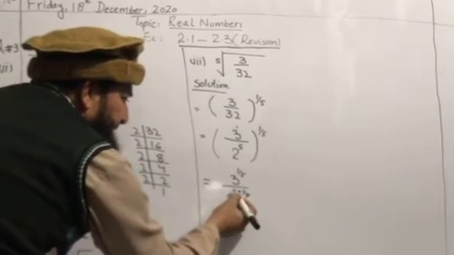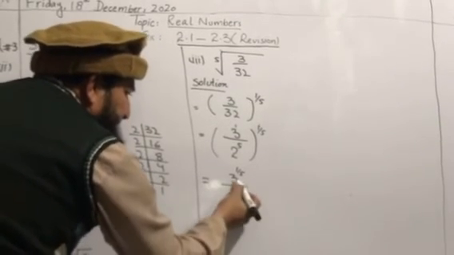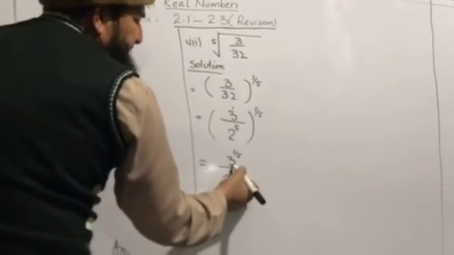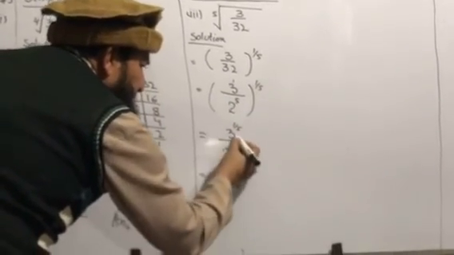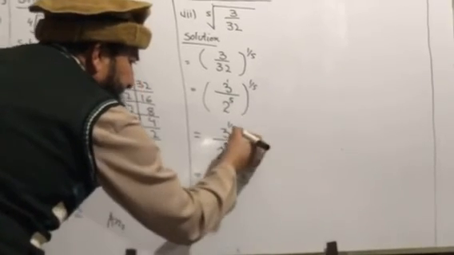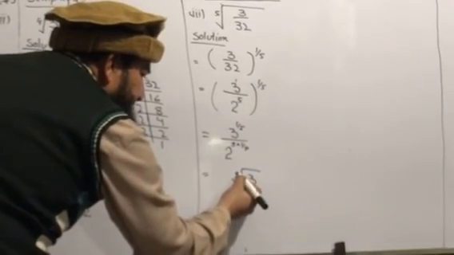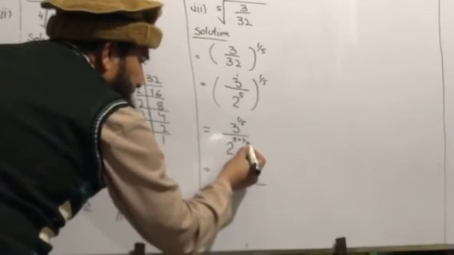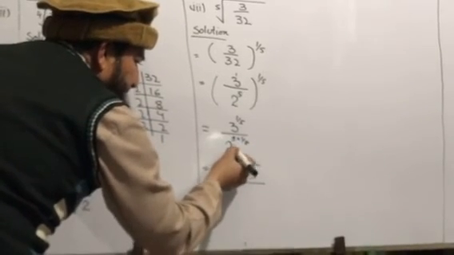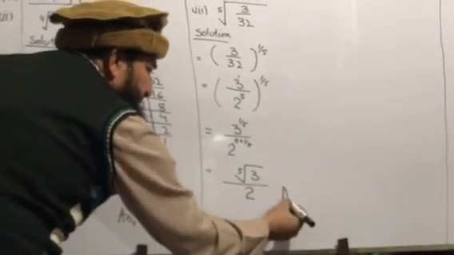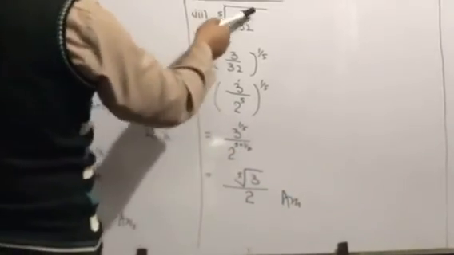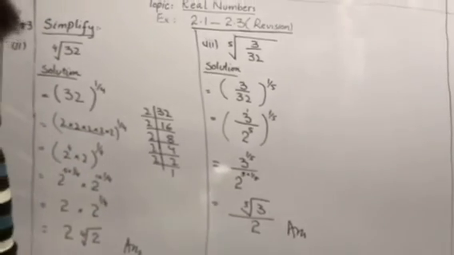As you know, the 5 will cancel out the 5. It is already in simplified form, so we will convert it into radical form. We write the 3 as radicand, and the 5 becomes the index. Over 2, 5 will cancel out 5, so we have 2 raised to power 1, which is equal to 2. So it is the simplified form of this radical notation, and this is the answer.